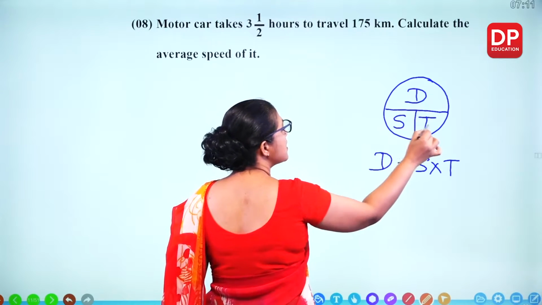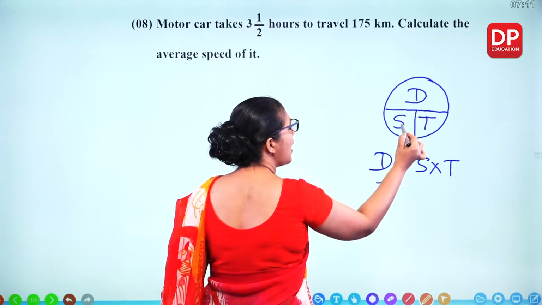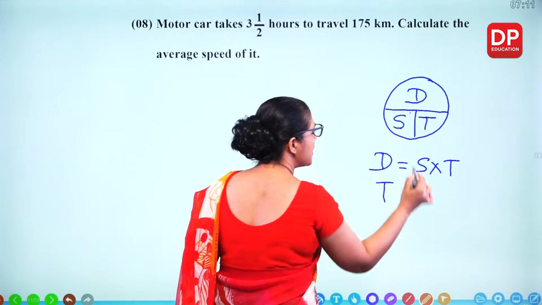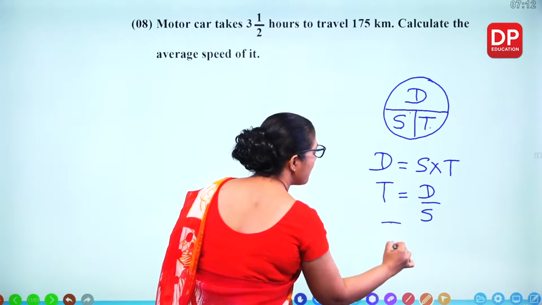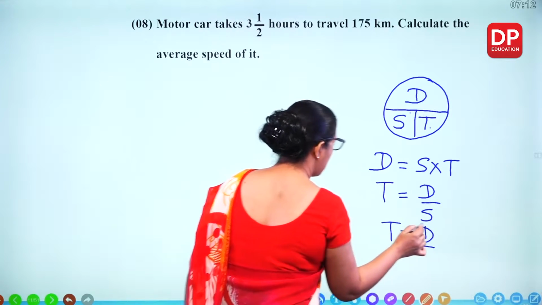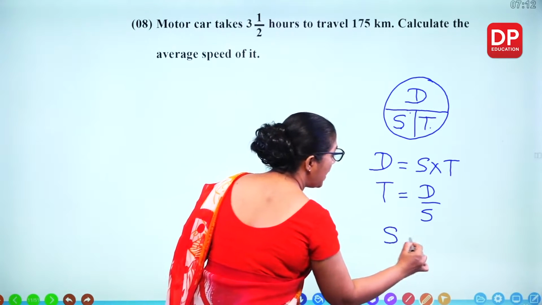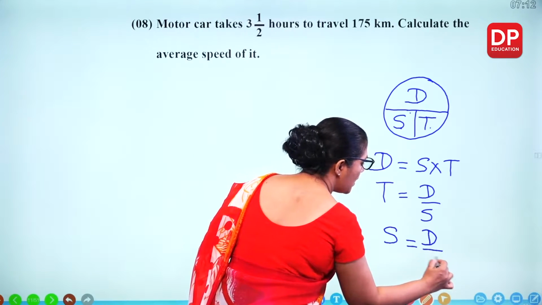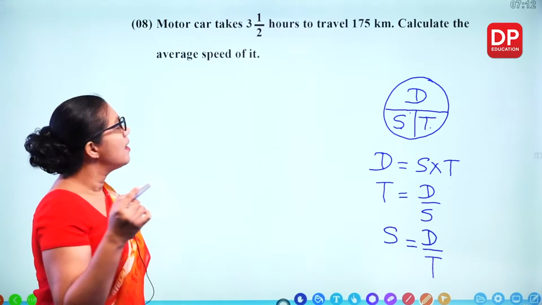If you want time, you take division, distance over speed. If you want speed, that's distance over time. So, remember that.